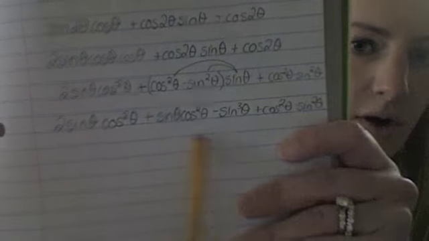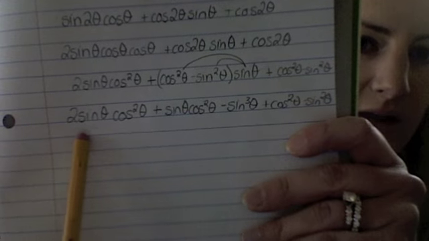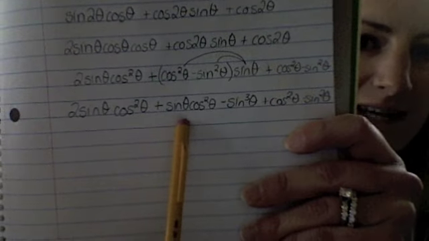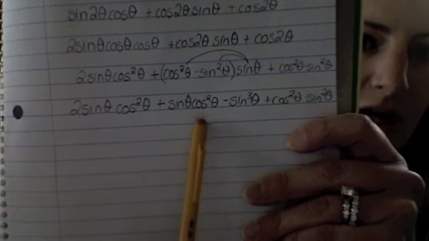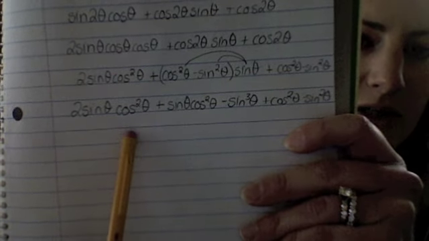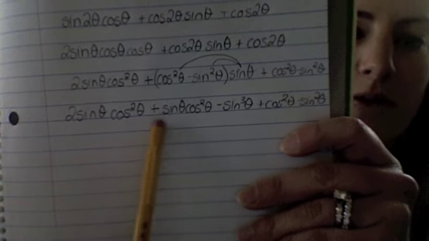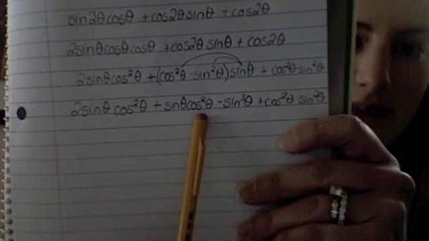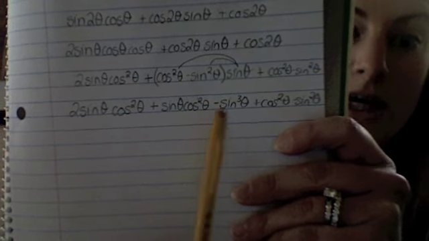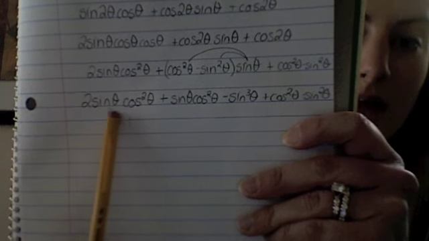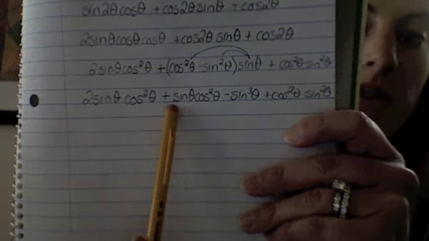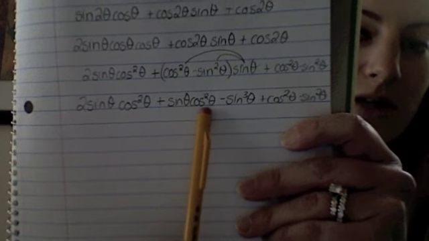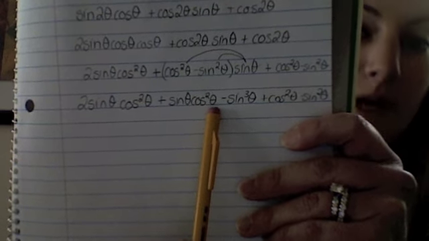Now look at what I've got here. Over here I've got 2 sine theta cosine squared theta, and look at this, sine theta cosine squared theta. Think of sine theta cosine squared theta as like x or something. So I've got 2 times x plus x. Do you agree I could write that as 3? So if I have 2 sine theta cosine squared theta plus 1 sine theta cosine squared theta, I could write that as 3 sine theta cosine squared theta.